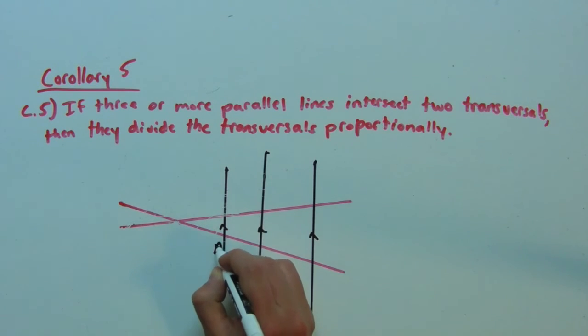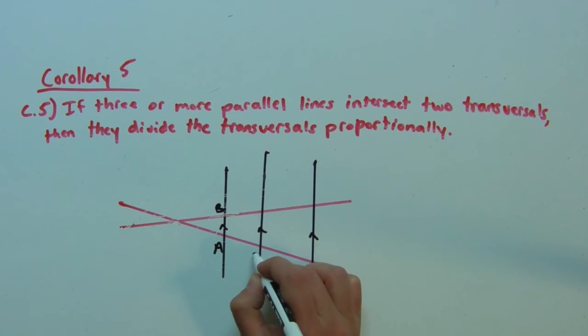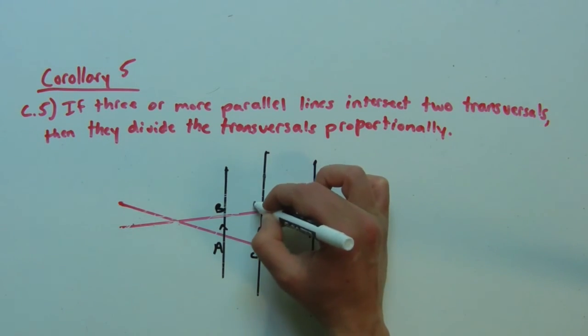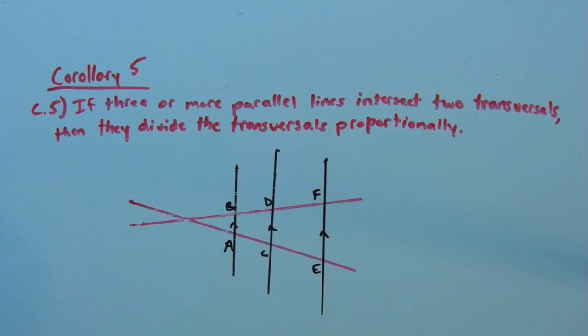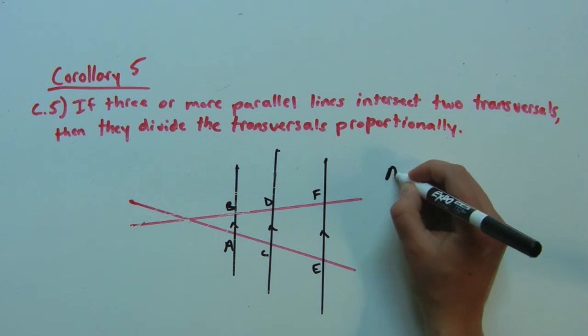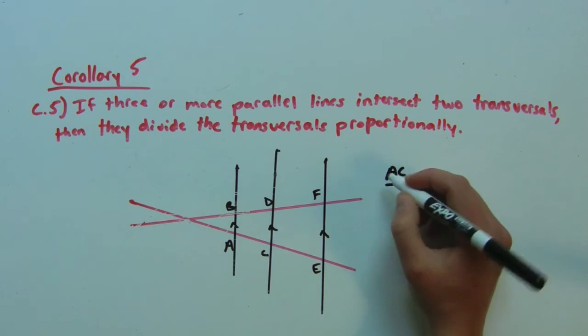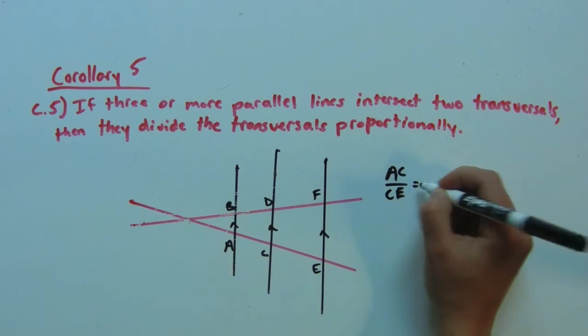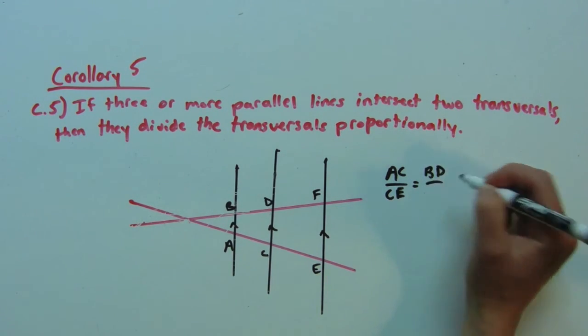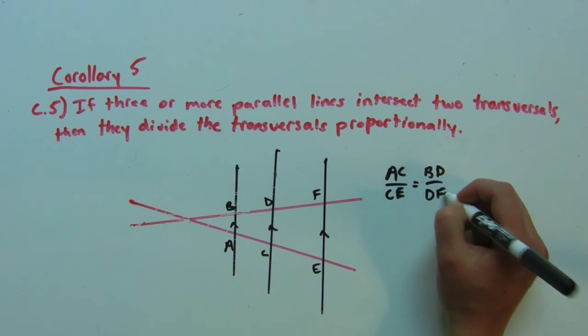So if I was to label this A, B, C, D, E, F, from this corollary, I could say that AC over CE was equal to BD over DF.